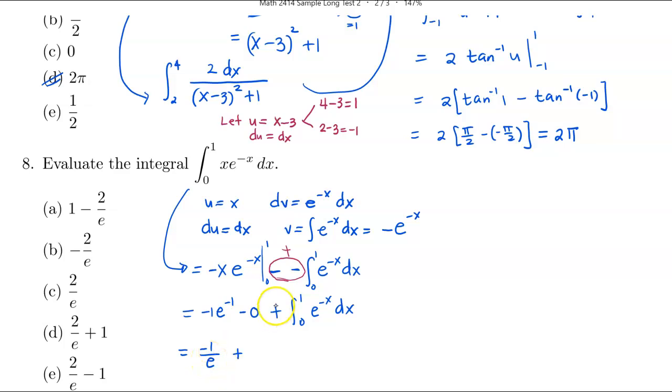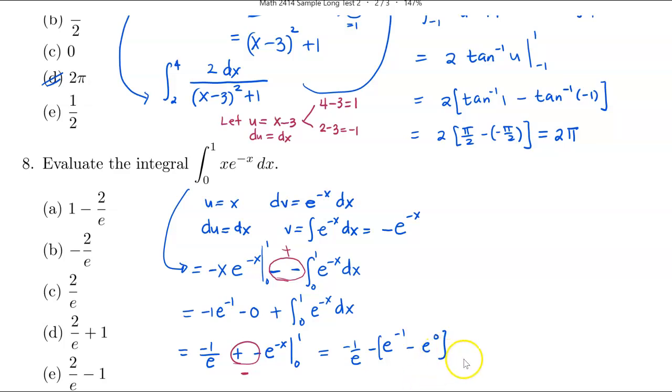Plus, what's the integral here? The integral of e to the negative x is negative e to the negative x, evaluated from 0 to 1. Now again, this sign here makes it minus. So this is equal to negative 1 over e minus, and then you plug in e to the negative 1 minus e to the 0.